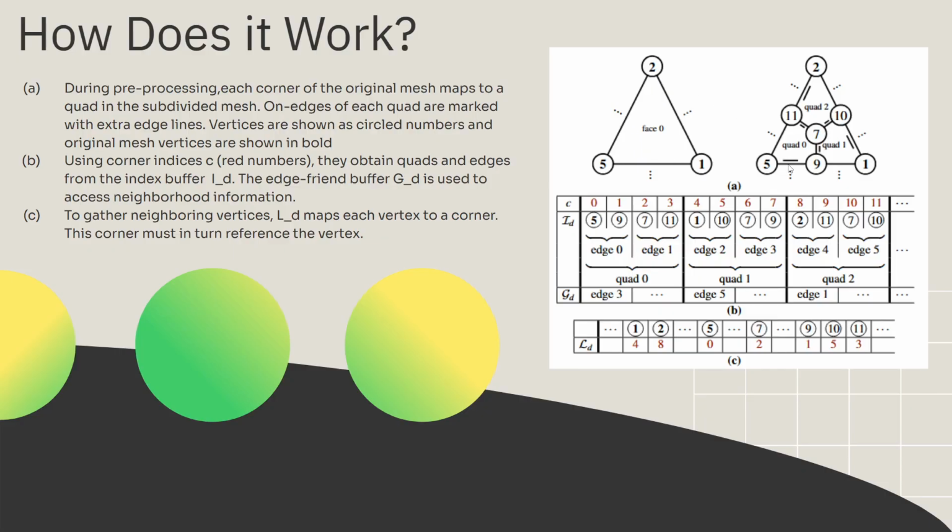If we look at quad 1, we know quad 1 has edges 1, 9, 7, 10, which you can see here. The on edges and off edges that they reference in the video are marked right here, these lines.